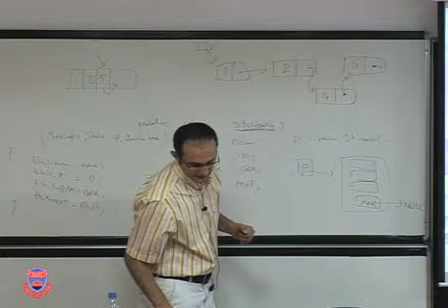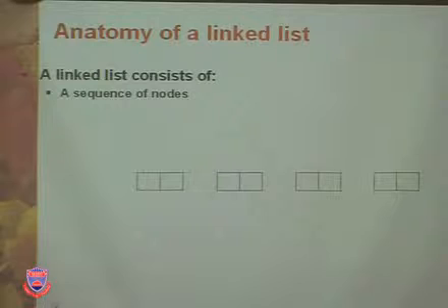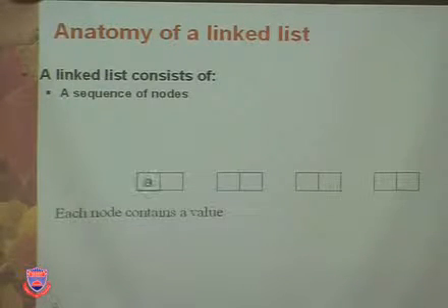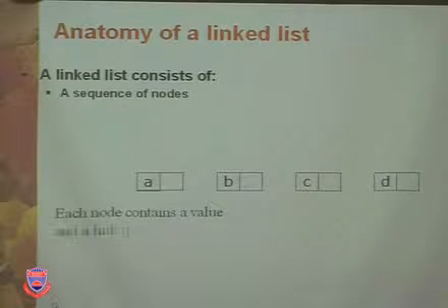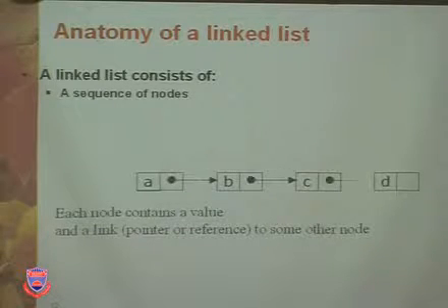So a linked list basically consists of a sequence of nodes, as I said earlier, and each node contains a value, such as this one. It could be anything, any object. It could be primitive types or any type that you have declared yourself, doesn't matter, but you have a value that is contained in the node, and then there's a link, or a reference, to the next node in the list.